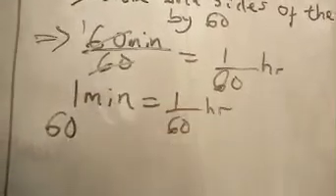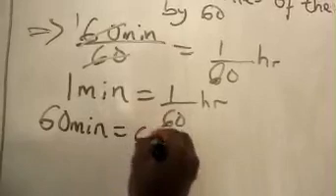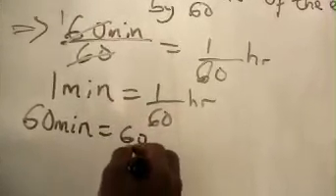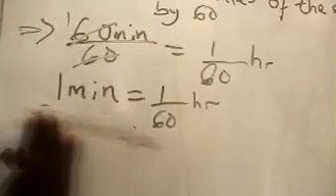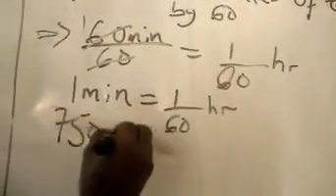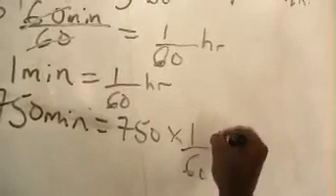So if 1 minute is 1 over 60 hour, 750 minutes will be equal to 750 times 1 over 60 hour.